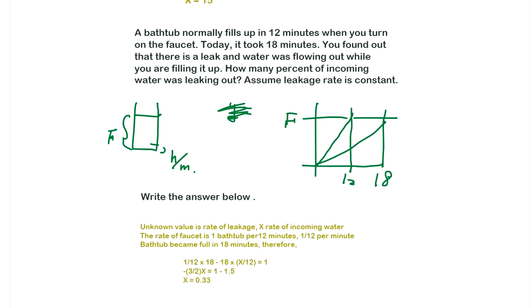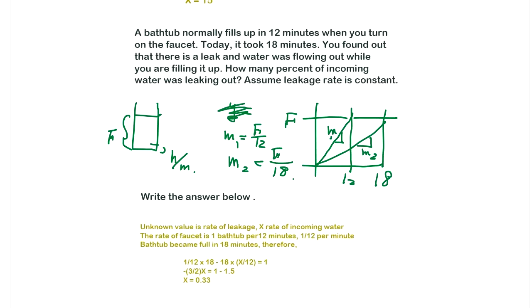Okay, so leaking rate is, this is M1 and this is M2. So M1 is f over 12, right? M2 is f over 18.